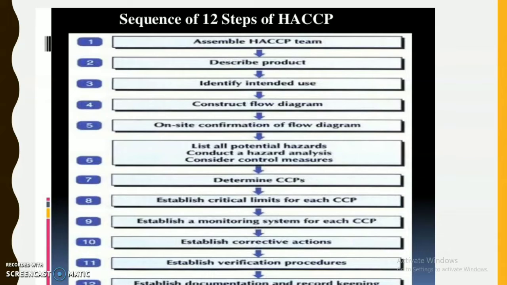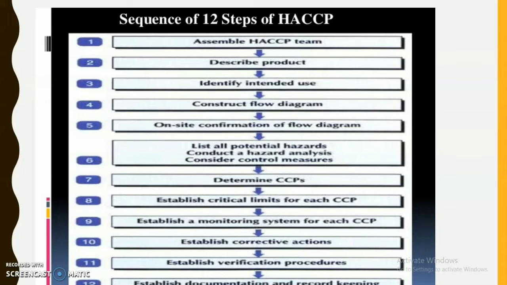Determine the critical control points. Then we have to establish the critical limits for each critical control point. Then we need a monitoring system for each critical control point, so that corrective actions can be done only if it is monitored.